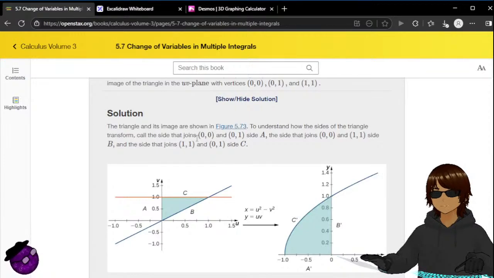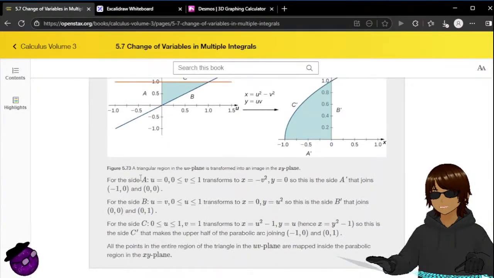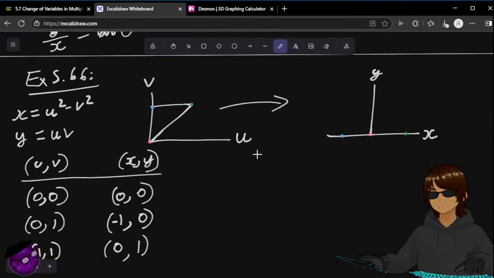Call the side that joins (0, 0) and (0, 1) side A. So side A is just u equal to 0.